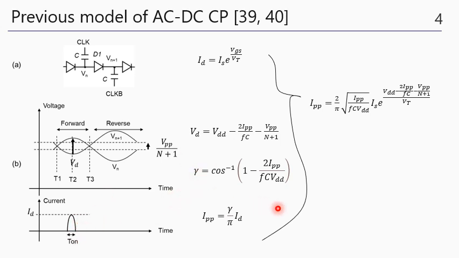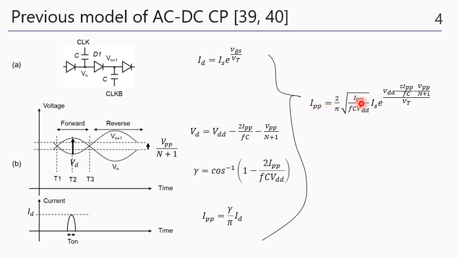That is gamma. And average IPP and ID here should be related to this. So these four equations are combined into a single IPP versus VPP relationship like this.